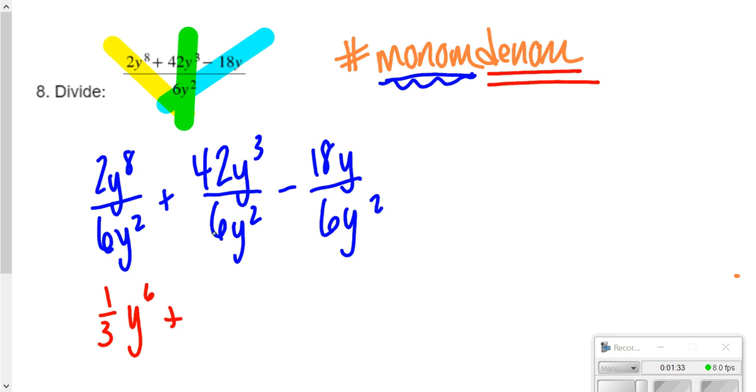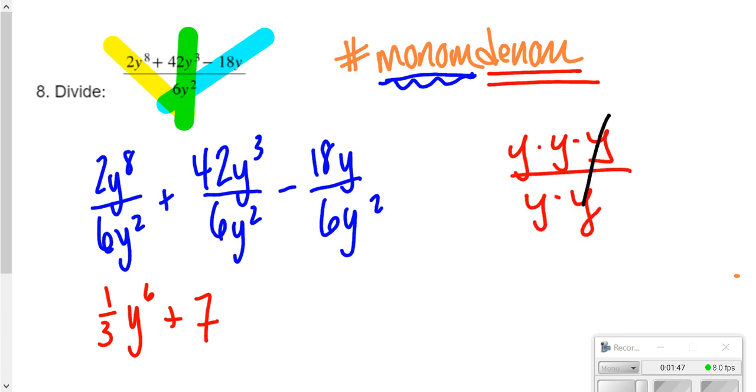In the next piece, you have the number 42 divided by 6. And you have y to the 3rd over y to the 2nd. So y to the 3rd means this, y to the 2nd means this, and you can cancel those common factors. I'm just explaining why you'd get the y. That's the same reasoning as over here.